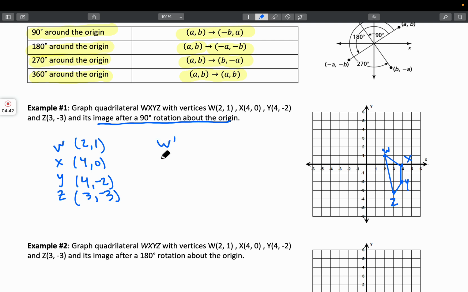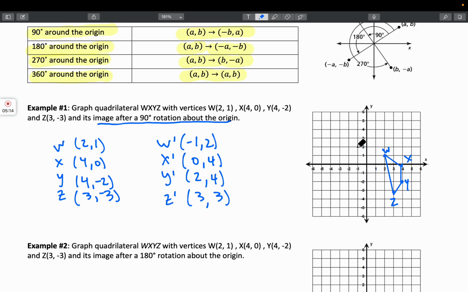So let's list out W prime, X prime, Y prime, and Z prime. And now let's do the transformation on that. W prime is going to go now to (negative 1, 2). X prime is going to go to (0, 4). Y prime is going to go to (2, 4), and Z prime is going to go to (3, 3).